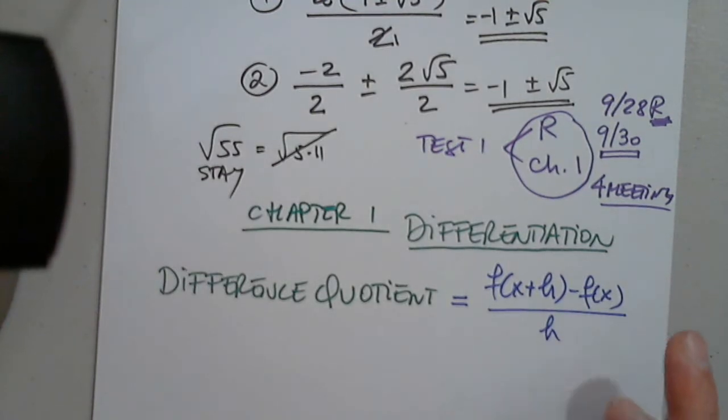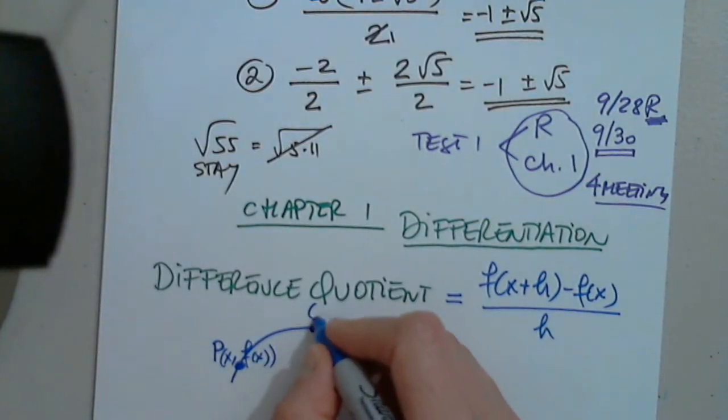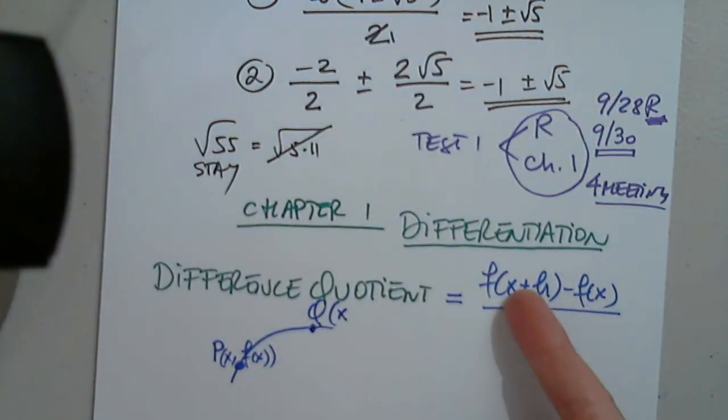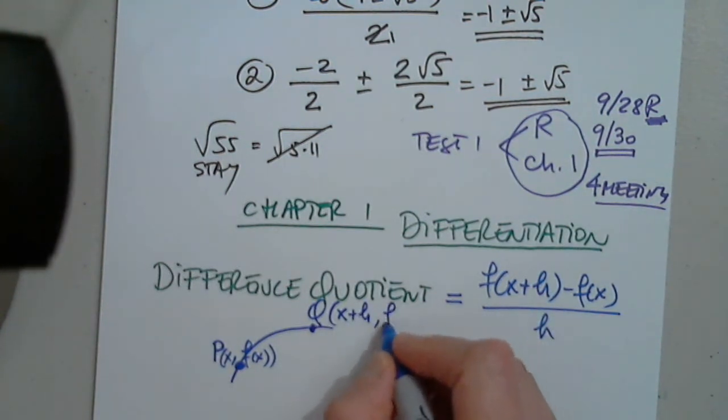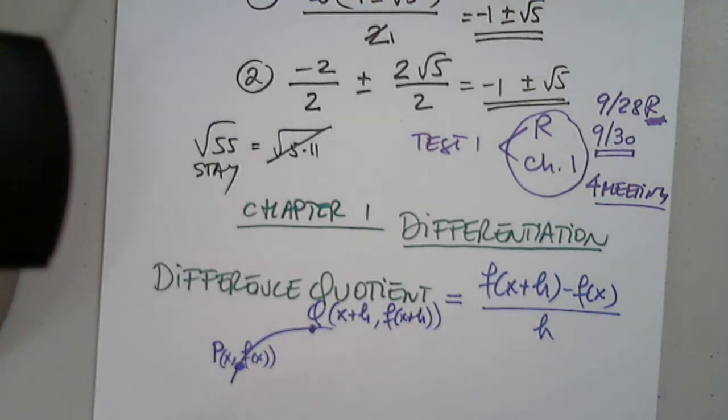So let me just go back for a second to that graph where this was P with coordinates x, f of x, and this was Q, somewhere here, with coordinates, if you remember, of course, x plus h, f of x plus h. And we determined this is nothing else but the rate of change between these 2 points and also the slope.